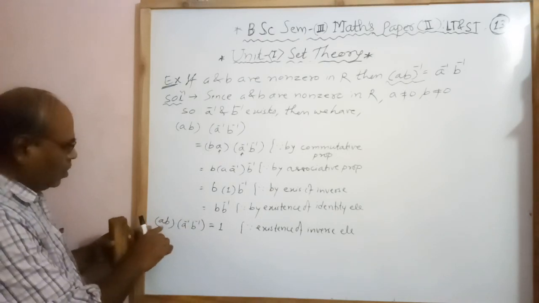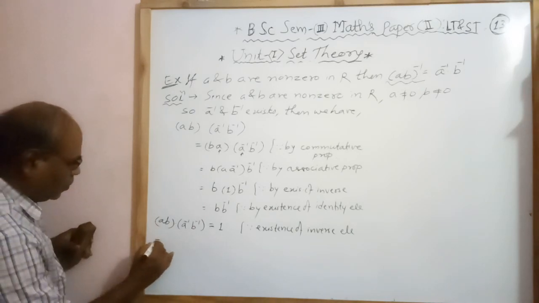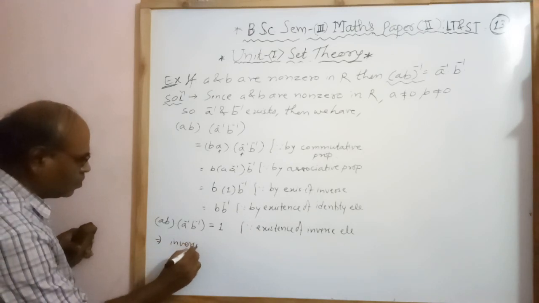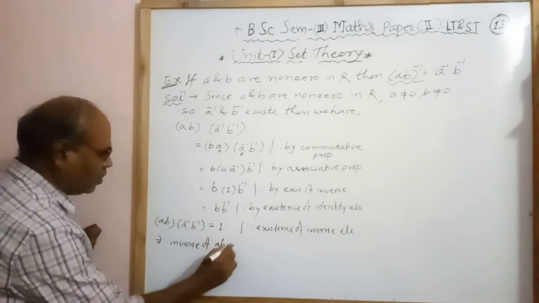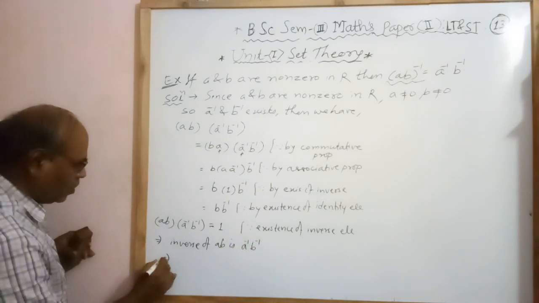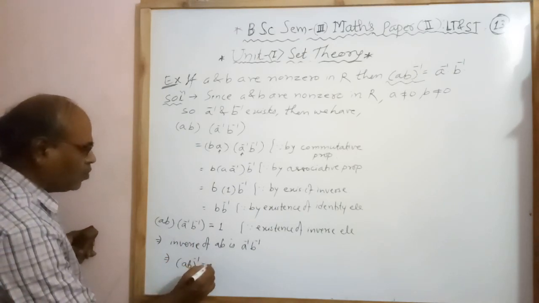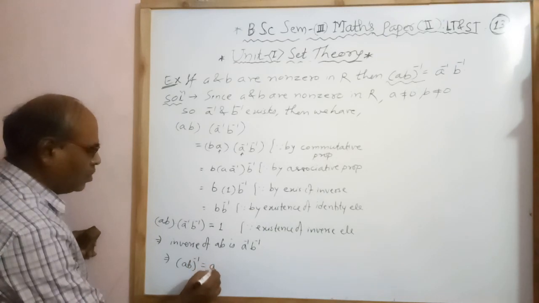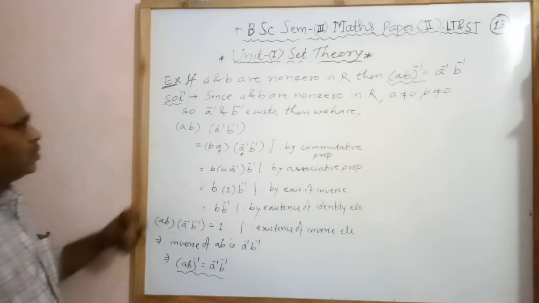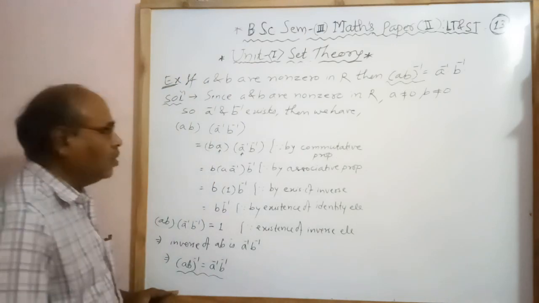Implies inverse of AB is A inverse into B inverse, or in terms of sign we write it as AB inverse equal to A inverse into B inverse. That is the example is proved.